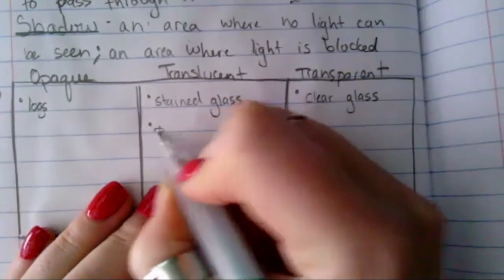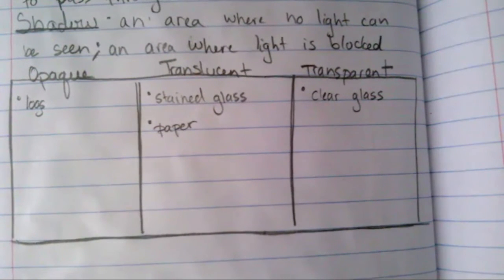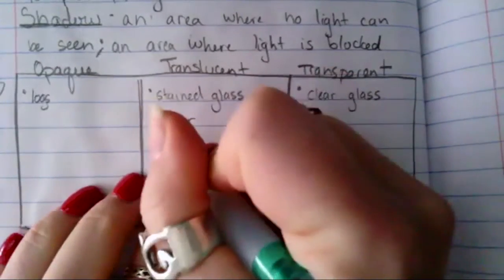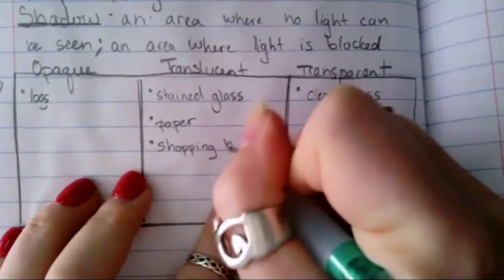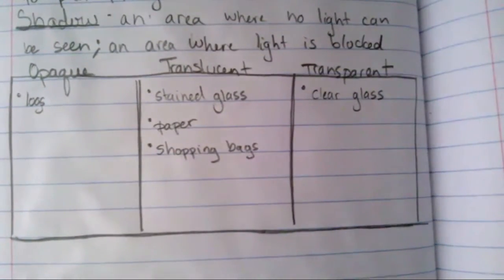Yeah. Anybody who's held paper up to a light, you can kind of see the paper through it. And I had another one for that. Plastic. Okay, like plastic bags, right? Yep. I'm going to say shopping bags because if we have a Ziploc sandwich bag, what would that be an example of?